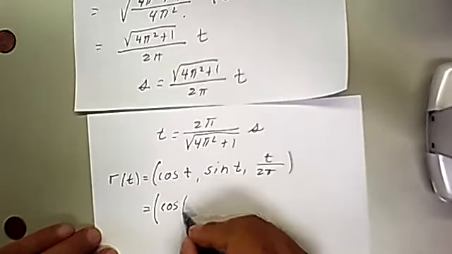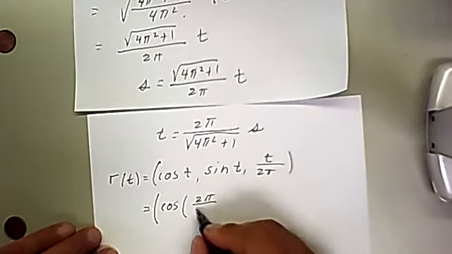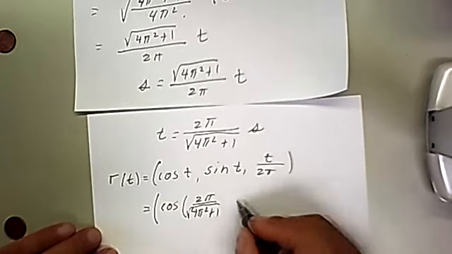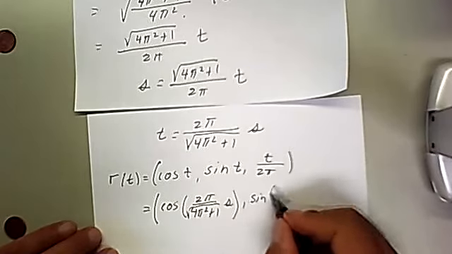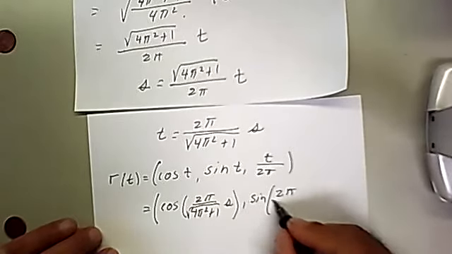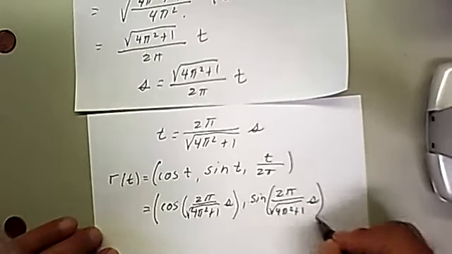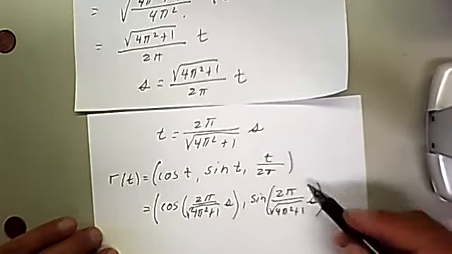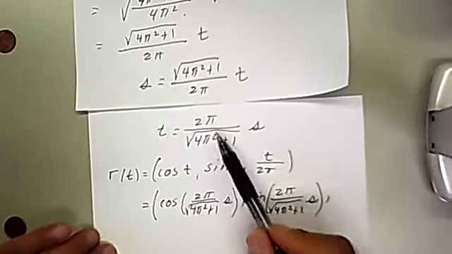It's going to be the cosine of 2 pi over the square root of 4 pi squared plus 1 times s, comma, sine of 2 pi over the square root of 4 pi squared plus 1 times s, comma, and then t is this guy.